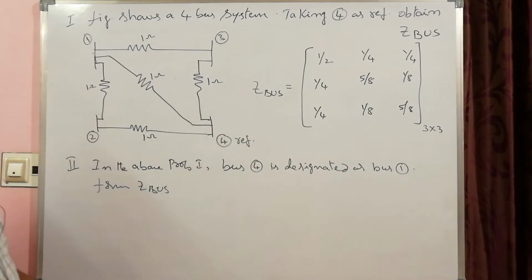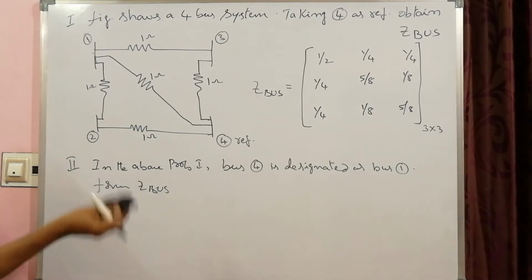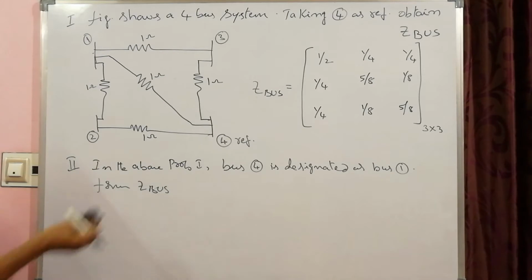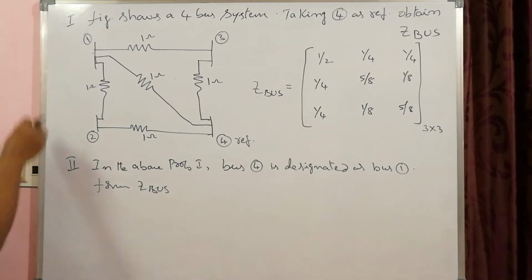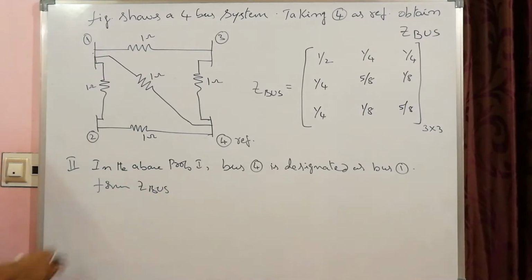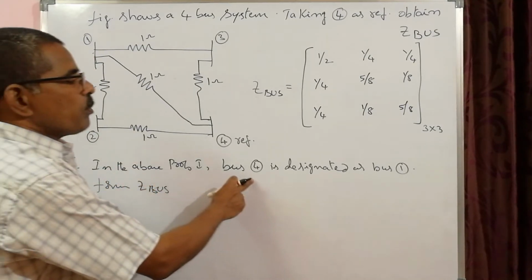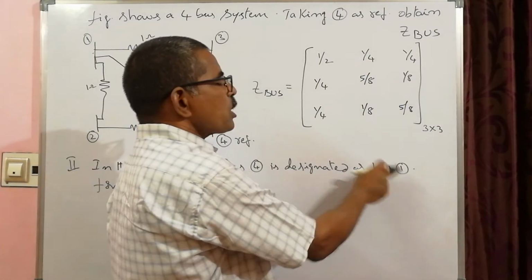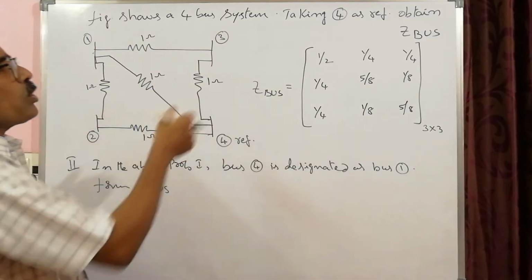So in the figure shown, 4th bus is taken as reference and then form Y bus. So in the above problem, bus 4 is designated as bus 1 and continue the same.